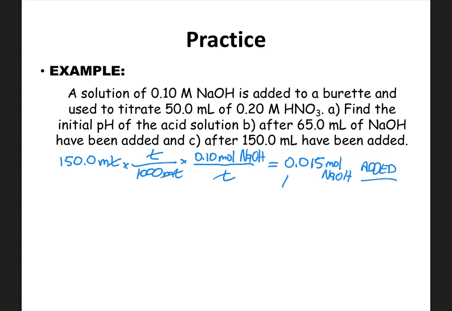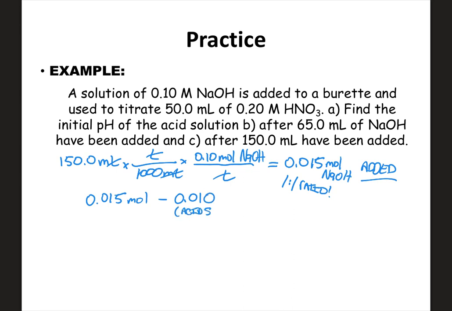Again, this is a 1-to-1 ratio here. As you can see, we already calculated the amount of acid we started with. This is more than the amount of acid we started with, so there's going to be base left over. So 0.015 moles of base were added. I can subtract the amount of acid that would react with this. In this case, that's the amount of acid I started with.